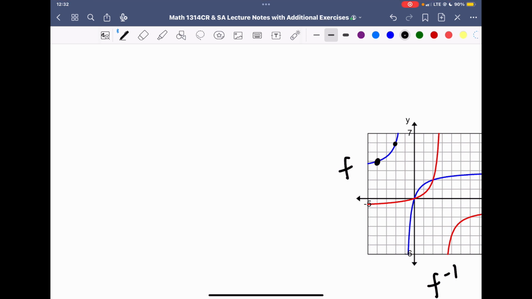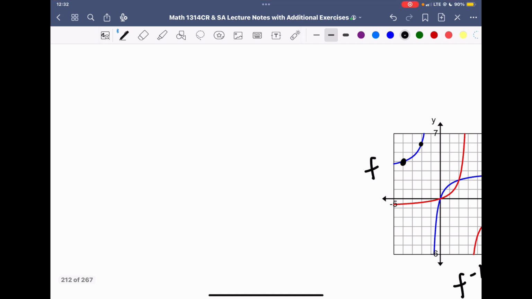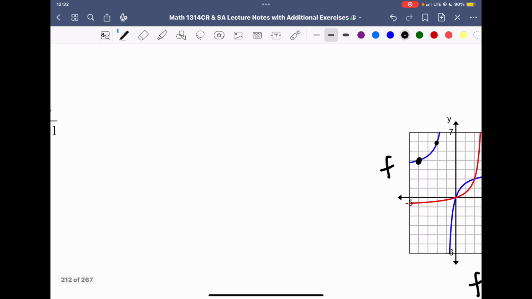Just pick those two. So I get -4, 4 for f, and then the other one was -2, 6, for the inverse.